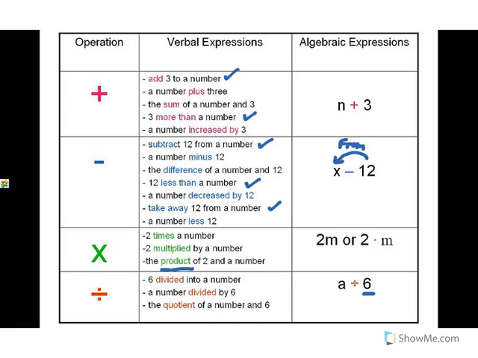It's like writing it in fraction form, where 6 goes into that top number a. A number divided by 6: translate it just like you see it. The quotient is also commonly used in lieu of division. The quotient of a number and 6, you would translate exactly as you read it.